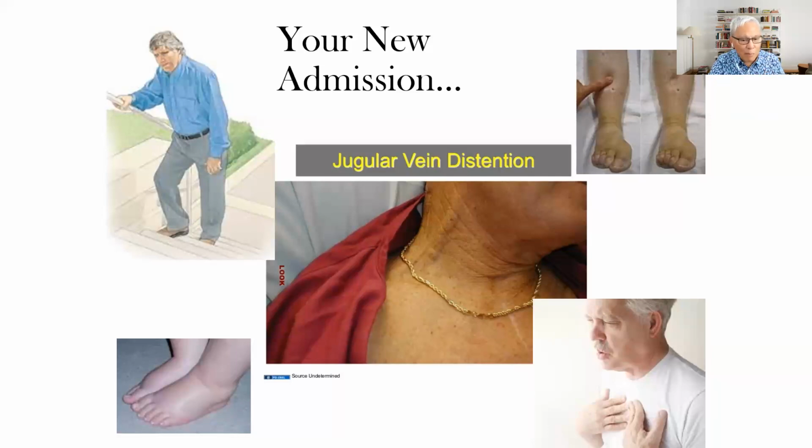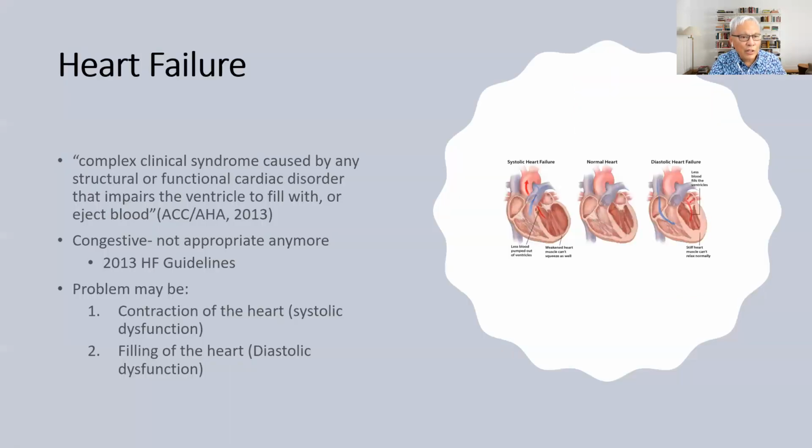There are two problems that usually occur when we have heart failure. One may be a problem of contraction of the heart muscle, meaning a problem of systole. The other is a problem of filling of the heart, which is called diastolic dysfunction.